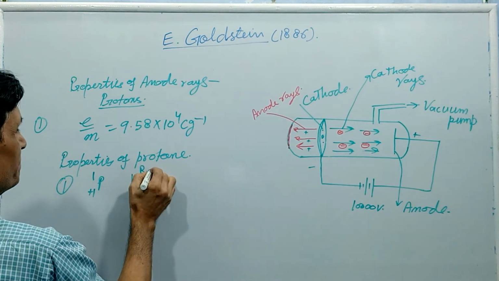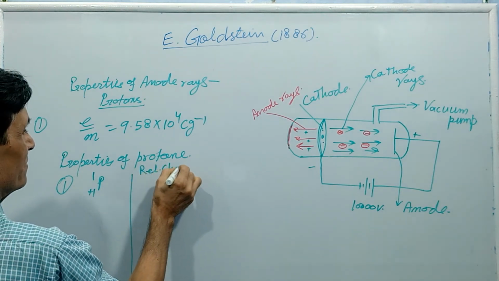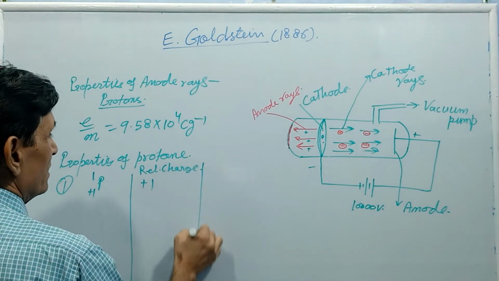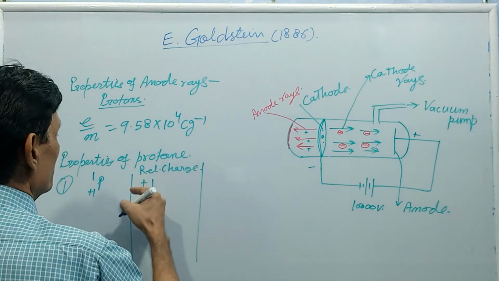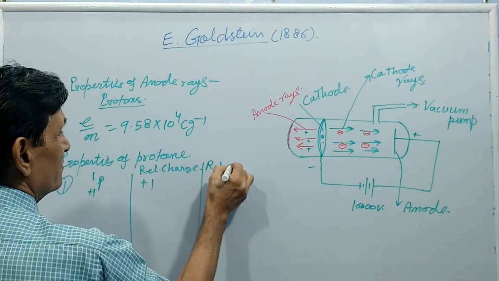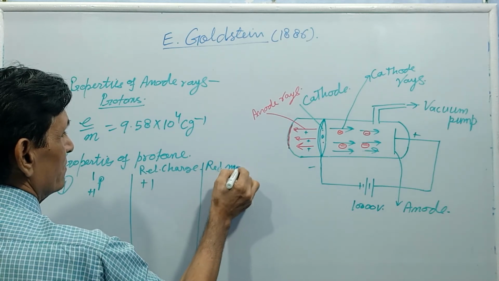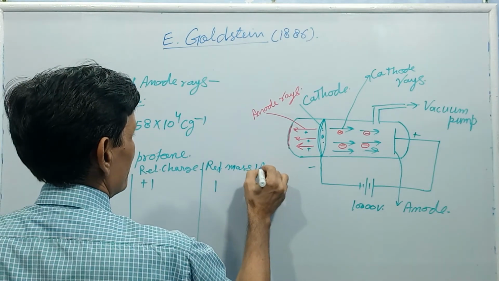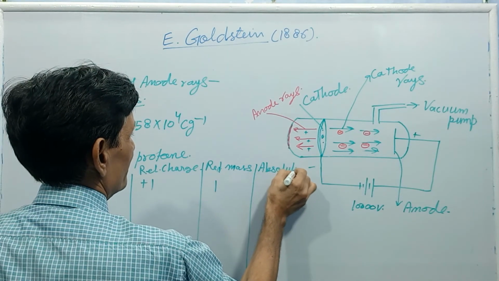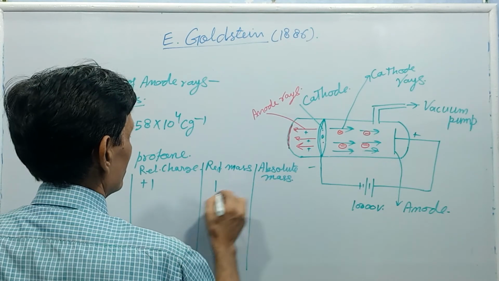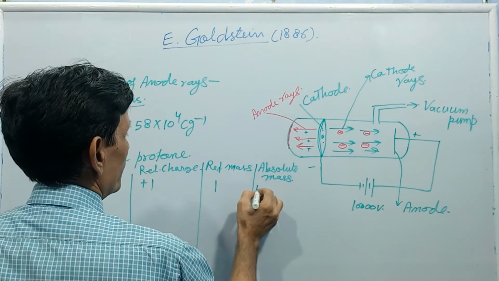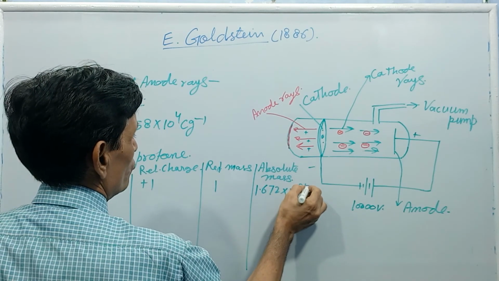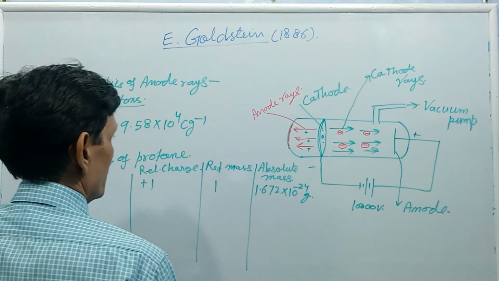Relative charge +1 and relative mass 1 unit, absolute mass is 1.672 into 10 to the raised power minus 24 gram.